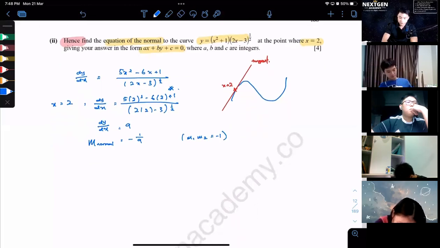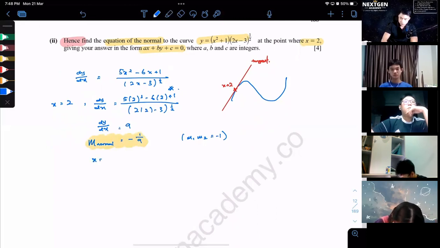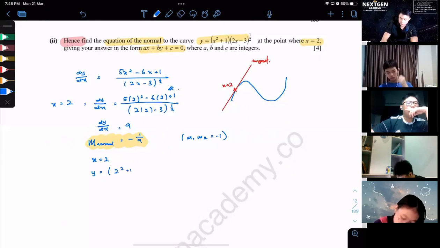So I have the gradient, I have my x equals to 2. I need to find what's my y. So y would be 2 squared plus 1, 2 times 2 minus 3 to the power of 1 over 2.